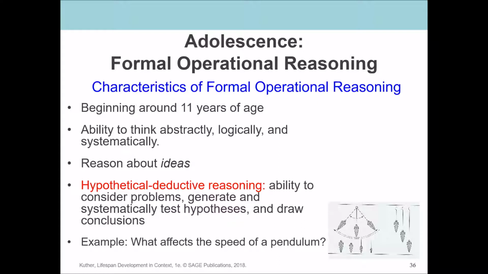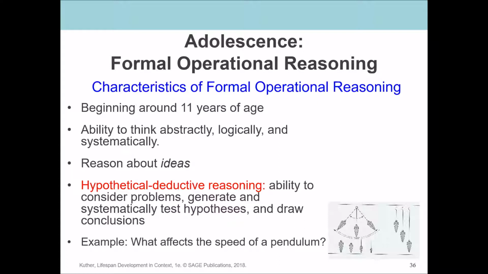And so we can present children and adolescents with pendulums that vary, let's see, we can have different pendulum sizes, so a small versus medium and large pendulum. We can also differ by how long the string is on the pendulum, and then also by how high up I pull the pendulum. And then we ask the question, what affects the speed of the pendulum?